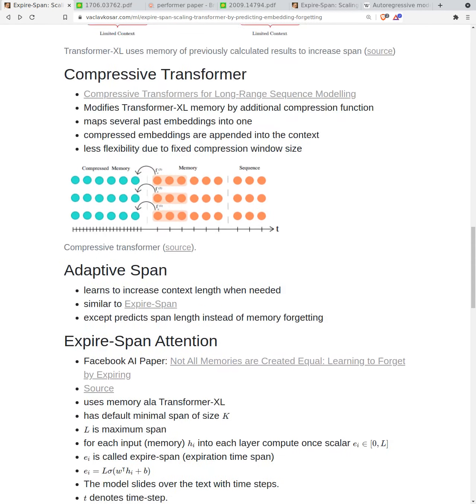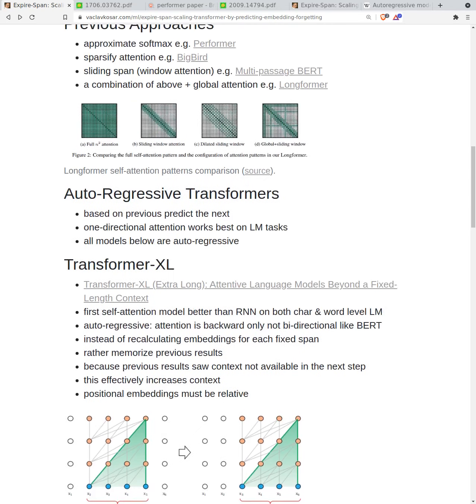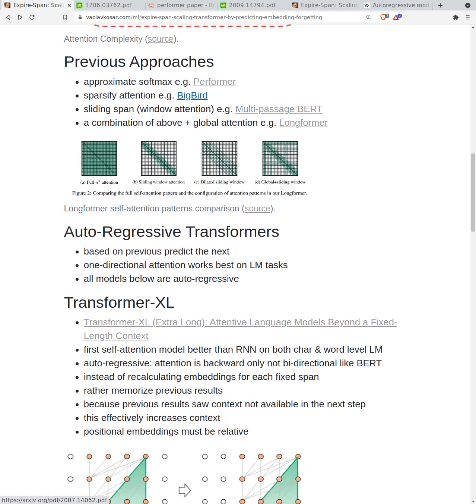And what's next? Next was BigBird. Instead of calculating attention for all inputs, it collected only sparse attention, so only for some of the queries and keys did they actually become part of the attention, and then the attention was calculated. And yes, there are other approaches.